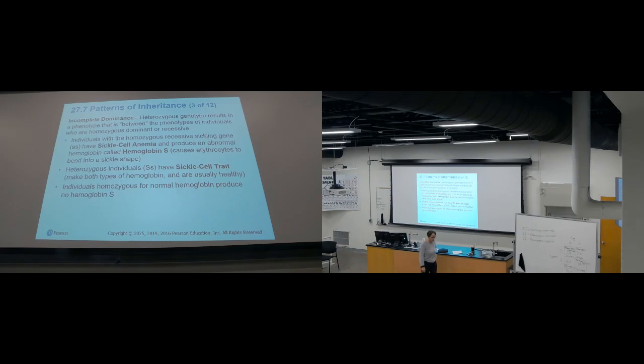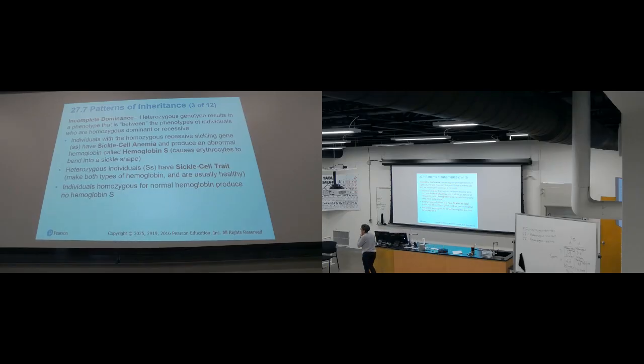Then you can have something that is called incomplete dominance. So in incomplete dominance, you have this heterozygous state like this one, and not always the dominant will express. That's why it's called incomplete.